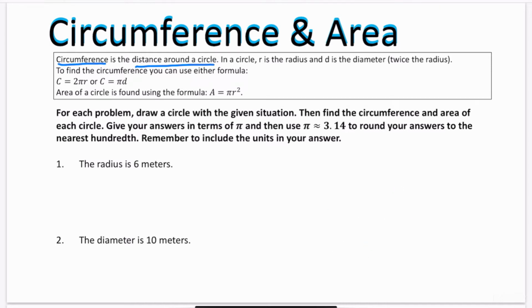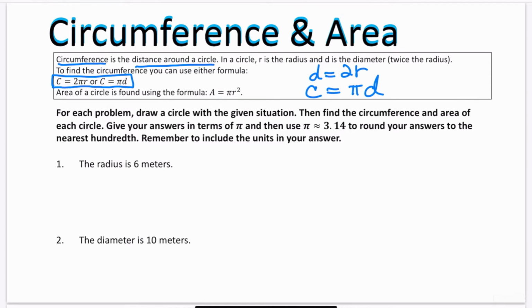Notice we have formulas associated with the circumference and area of a circle. The circumference of a circle is 2 pi times the radius, or because we said the diameter is twice the radius, we can just say circumference is pi times diameter.